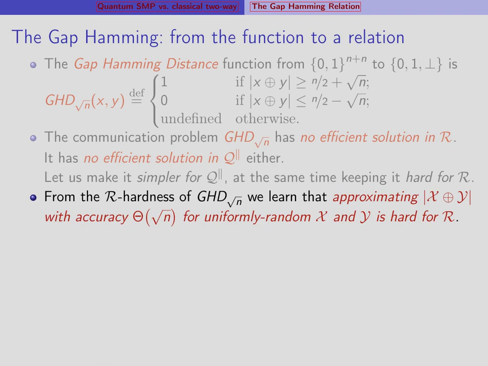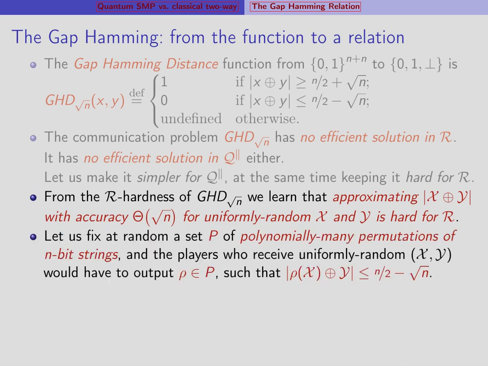From the classical two-way hardness of this problem, we need the following intuitive fact, namely approximating the Hamming distance between two uniformly random n-bit strings with accuracy theta of square root n is hard for classical two-way.